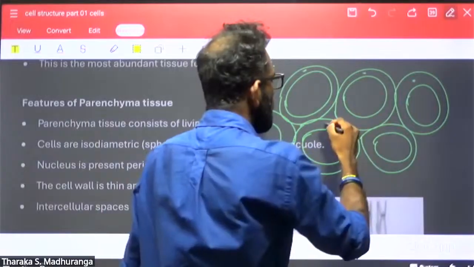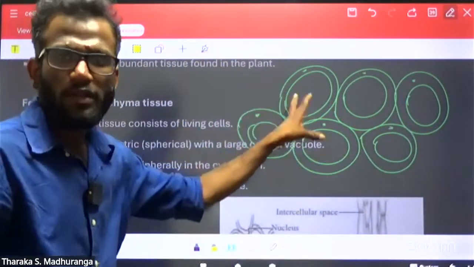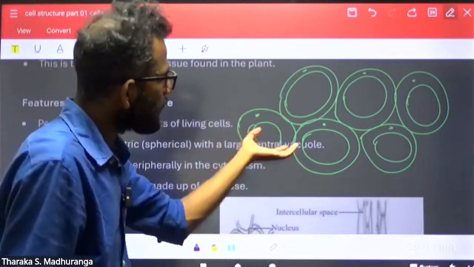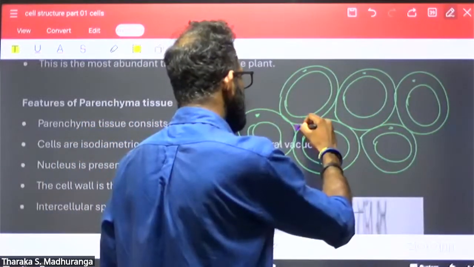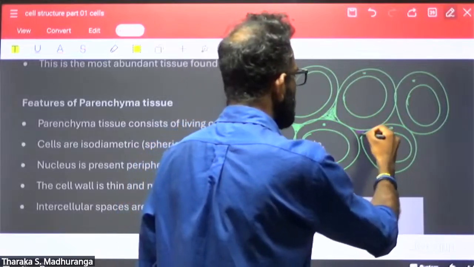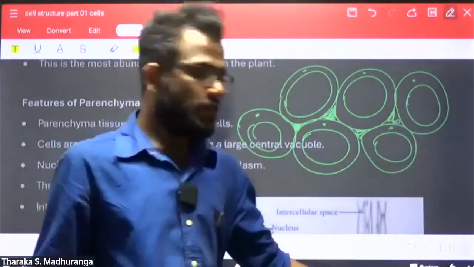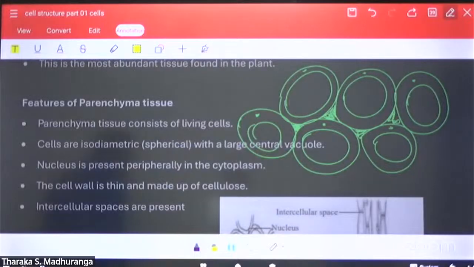Every cell wall is made with cellulose, which is common. And between the cells you can see spaces. We call them intercellular spaces. Okay, give me 2 minutes and draw this if you want.